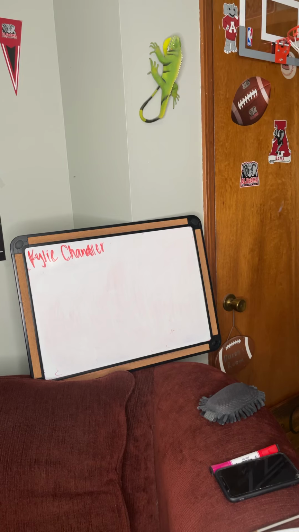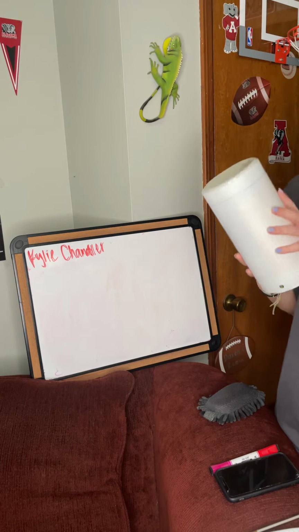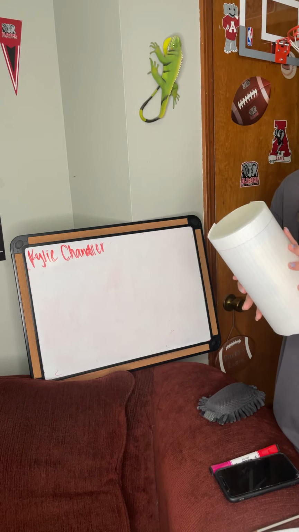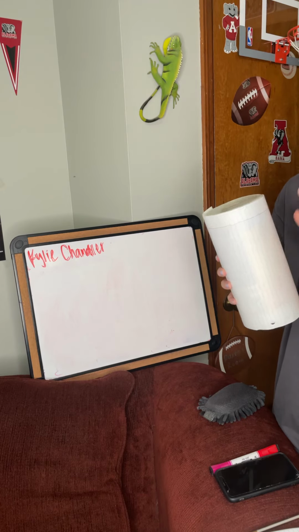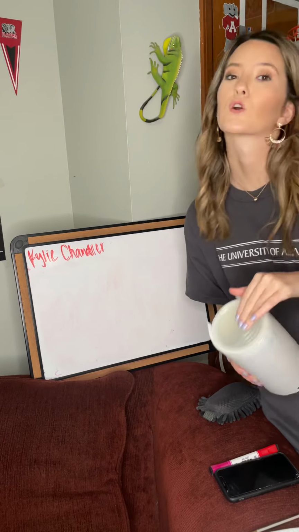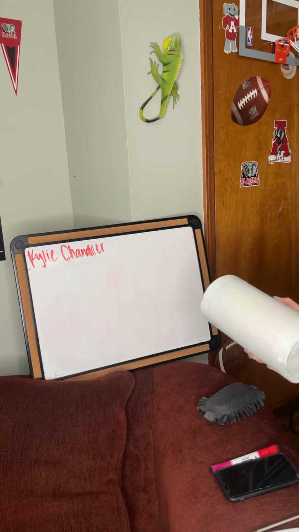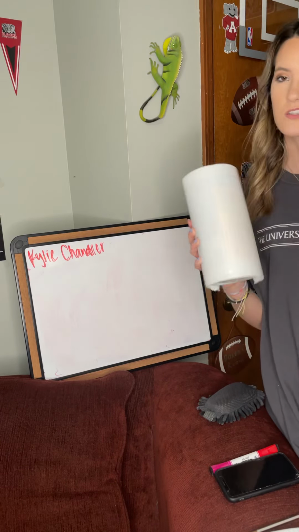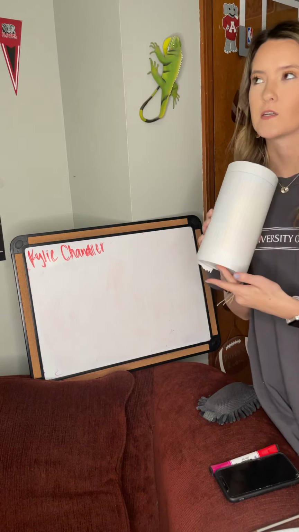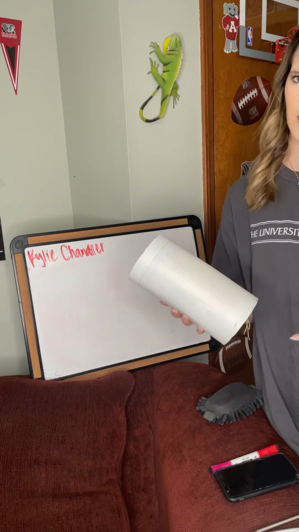Okay, let me get this together. So you have a circular cylinder, and for the first half of the formula, we know that the two bases are circles, and the area of a circle is pi r squared. So if we have two circular bases, we need two of those.